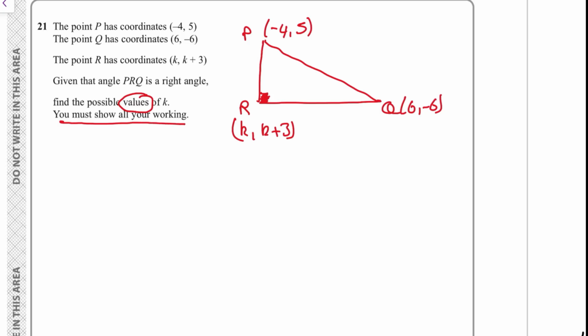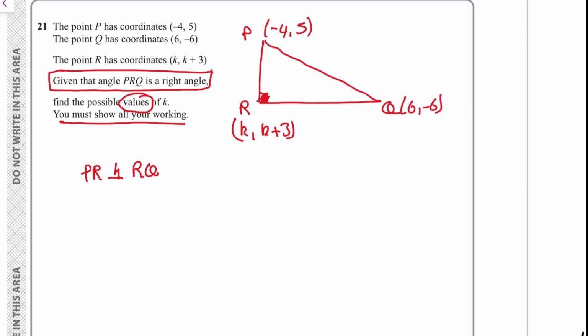Right, let's do that. So my approach is going to be to use the only information it gives me in the question, which is that PRQ is a right angle. And that means that PR, I'm just going to write it down for you, is perpendicular to RQ because there's a right angle at R. Which means there's a gradient.